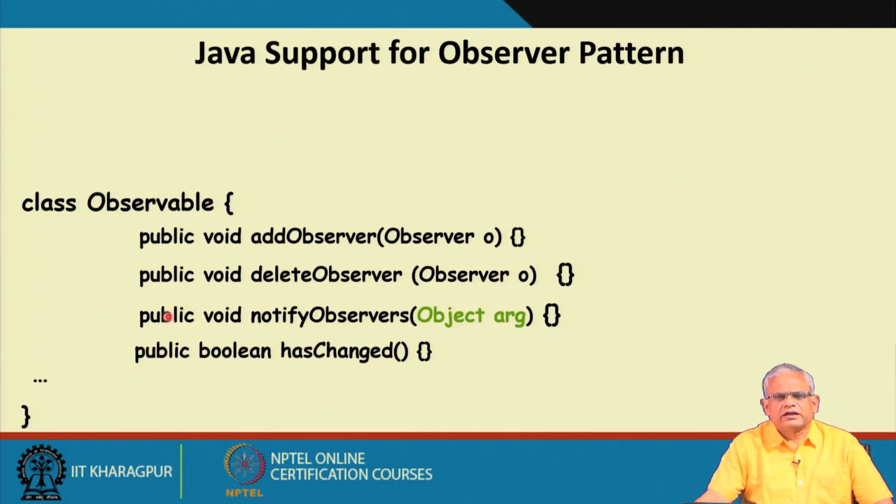Now, let us see how we can use the Java built-in observer pattern. The observable, as usual, has add observer, where the observer passes its ID, delete observer, where the observer passes its own ID, and notify observers with object arg.